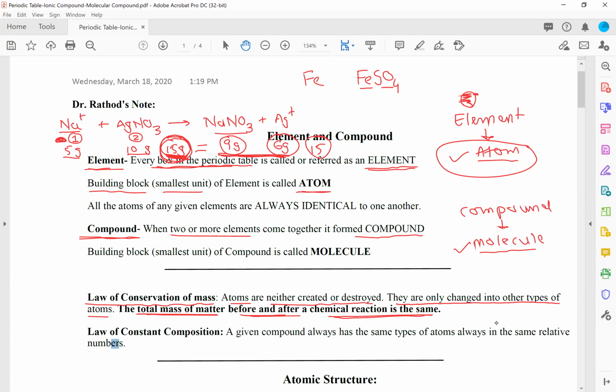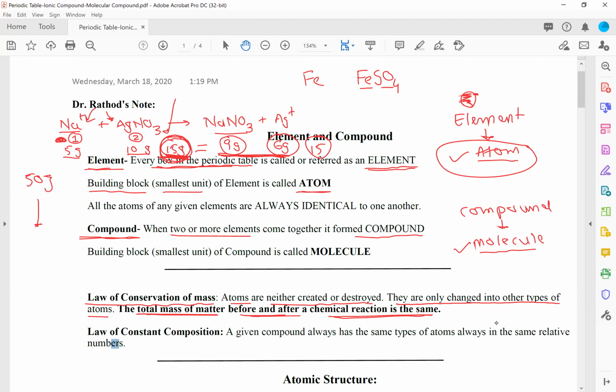So we are not looking at the individual mass of an element or a compound. We are looking at the total mass that goes into the reaction. Let's say we have 10 different compounds and 5 different elements, and the total mass of that mixture is 50 grams.